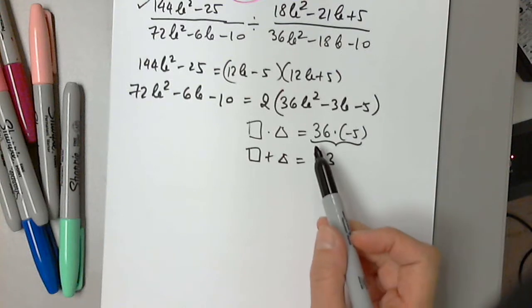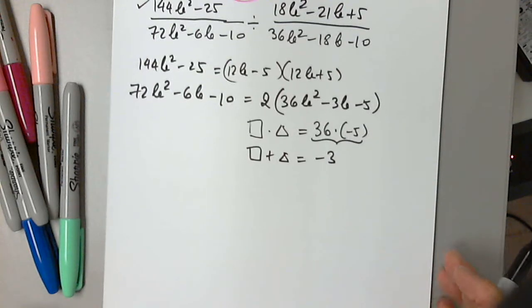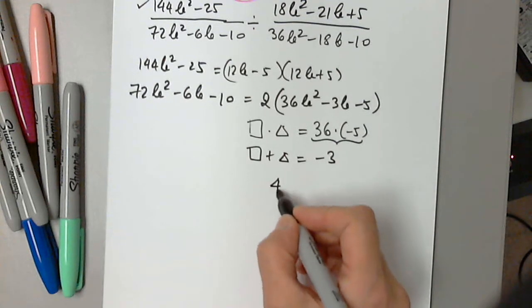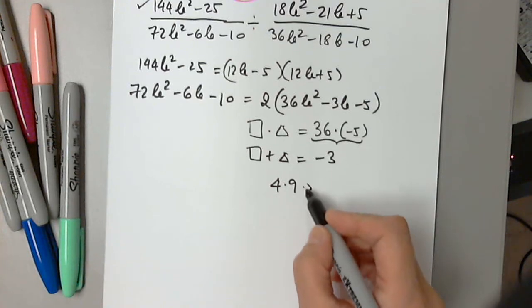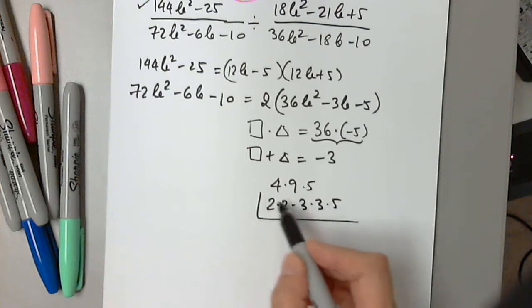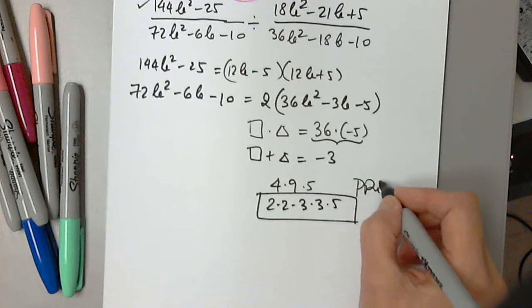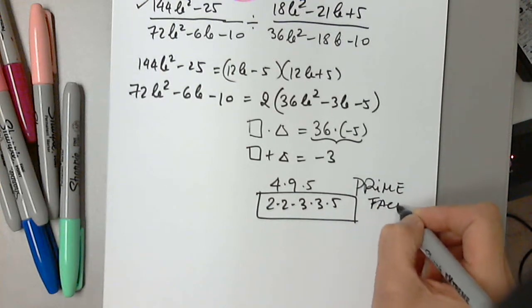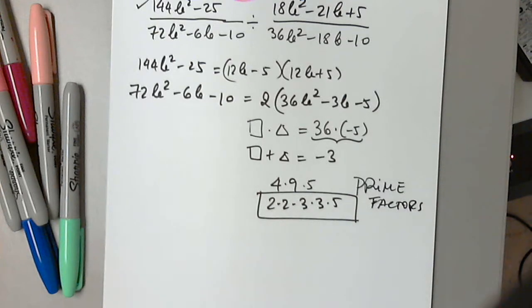I don't really care about 36 times 5. It's a huge number. But 36, I know, is 4 times 9, and then a 5, so this is 2 and 2 and 3 and 3 and 5. These are the prime factors in this huge number, 36 times 5.